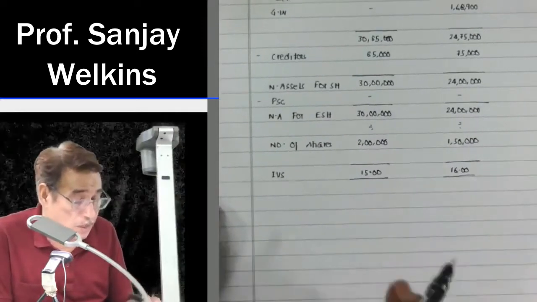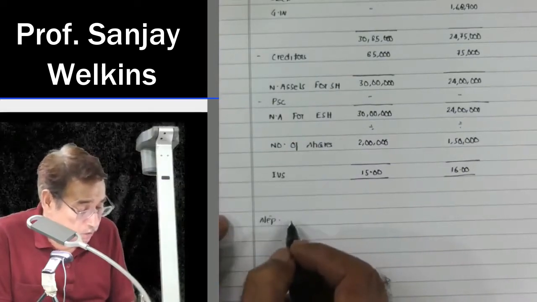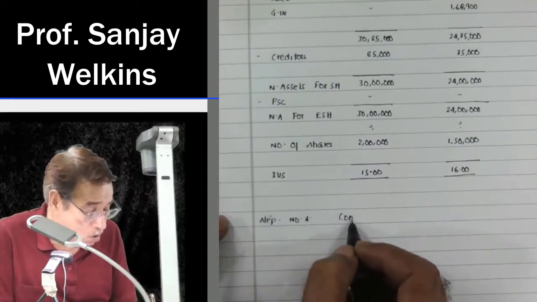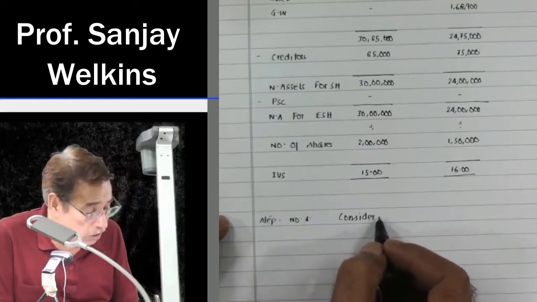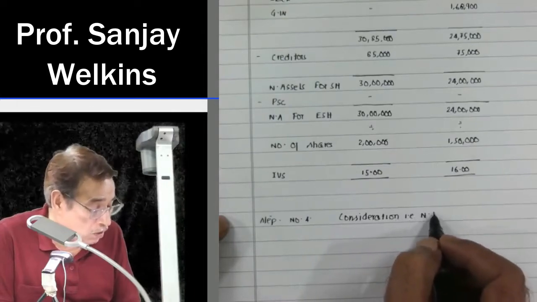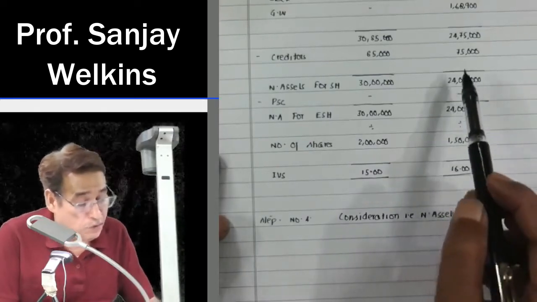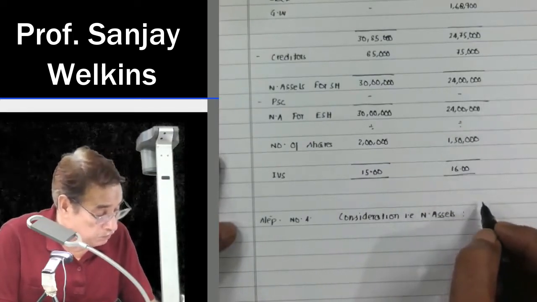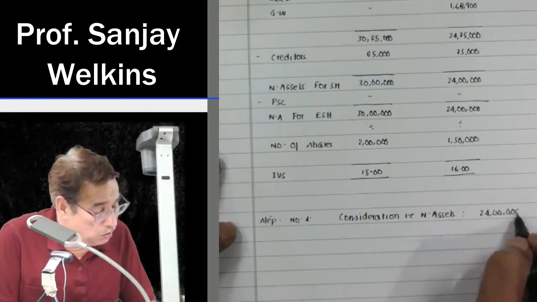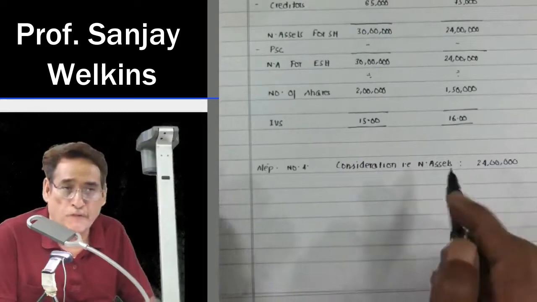Second point is, the question has also asked us to compute the amount of consideration, which we have already computed. This is step number 4, consideration. Consideration is nothing but net assets, obviously, of F2 Limited. So net assets of F2 Limited is equal to 24 lakhs. Now the next question is, in order to discharge consideration of 24 lakh, how many shares shall be issued by F1 Limited?